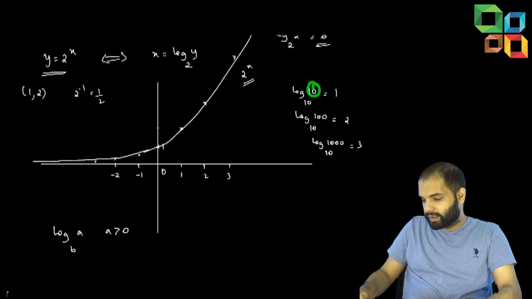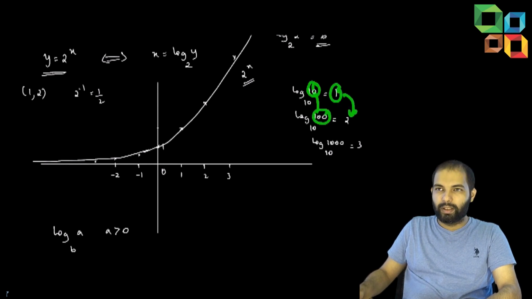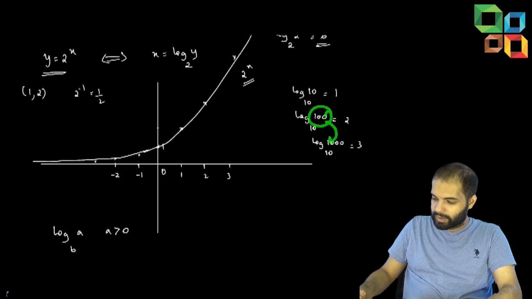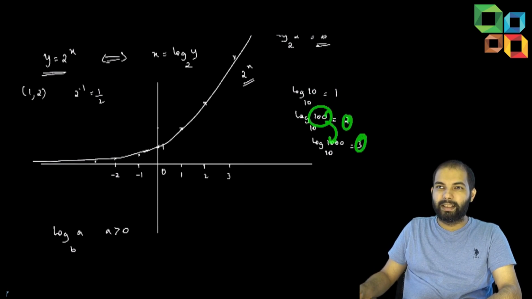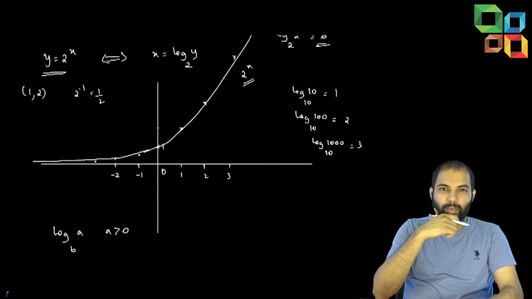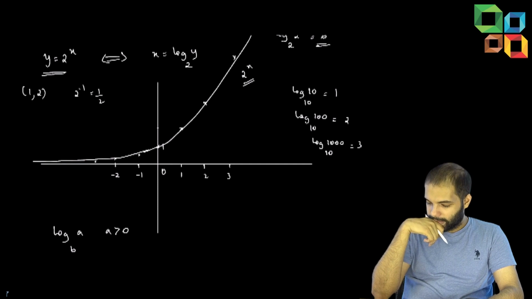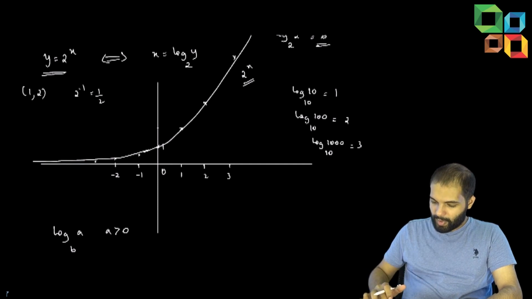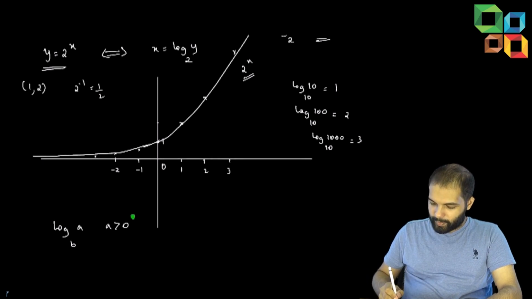When it went from 10 to 100, it went from 1 to 2. From 100 to 1000, it's just going from 2 to 3. You can see the decrease there, right? It's just the reverse of what happens in exponents. So can we see that this is always positive?